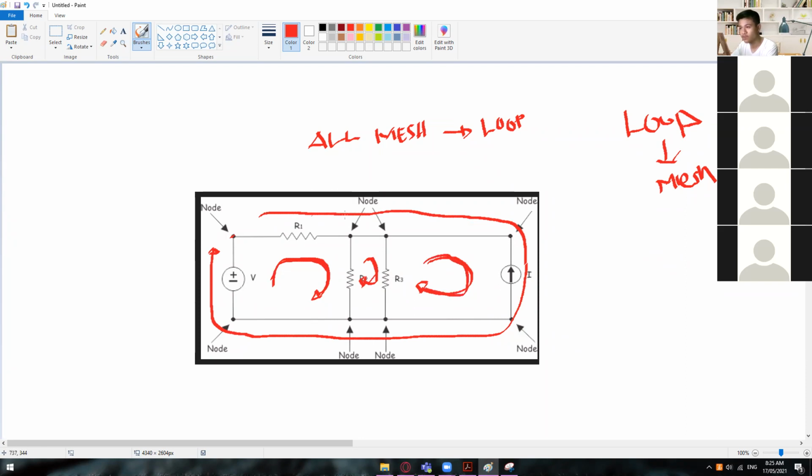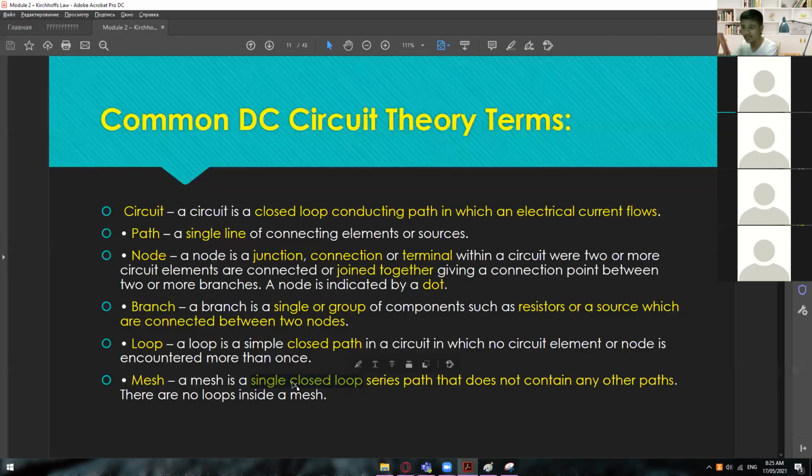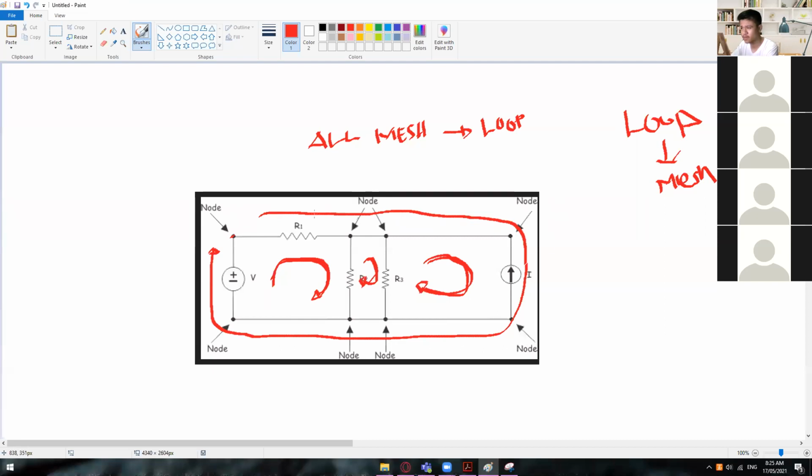But the last one in here, we cannot call this one a mesh because this is not a single closed loop. If you take a look at this one, inside it there is another loop. If it's a mesh, it should have only one loop, and inside it there should be no other loop, just like this one and this one and this one.